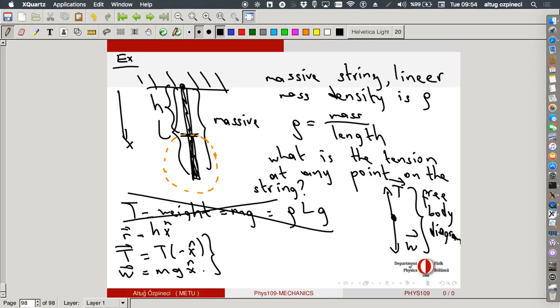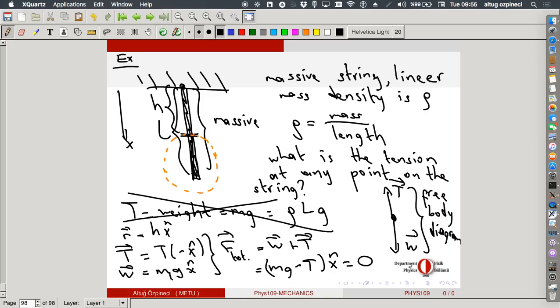So the net force acting on my mass will be just the sum, mg minus T. The net force is the sum of these two vectors, not the difference. The sum of these vectors is mg minus T in the x direction, and this should be 0.